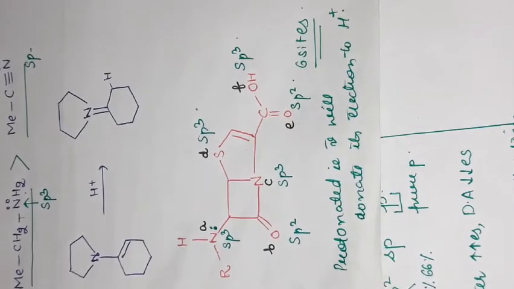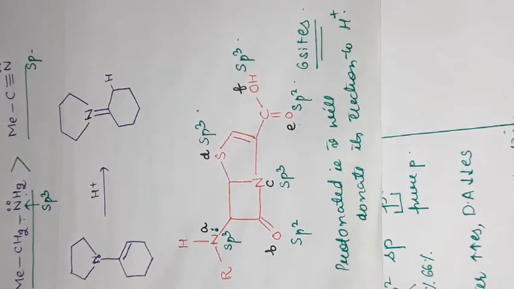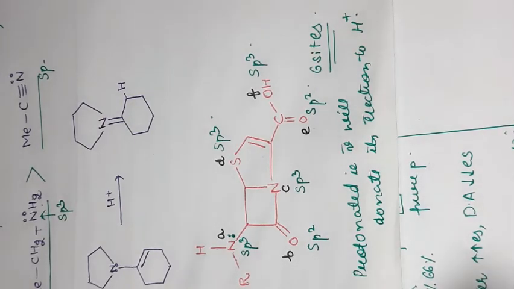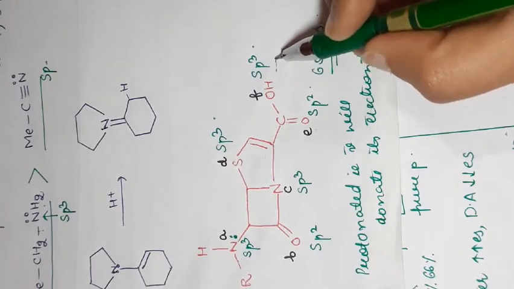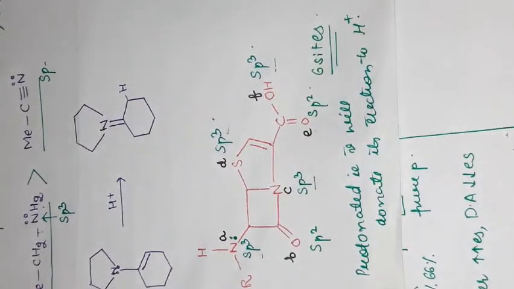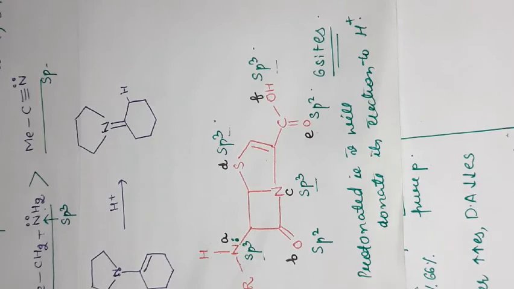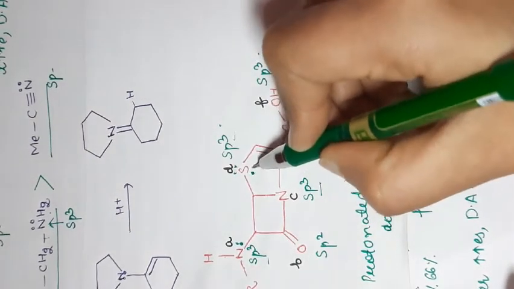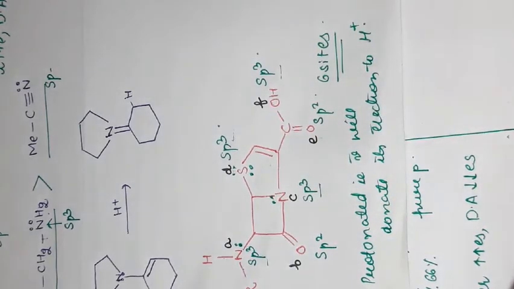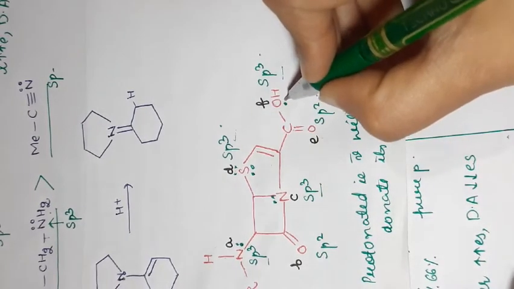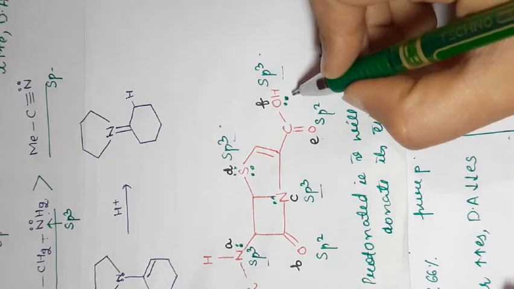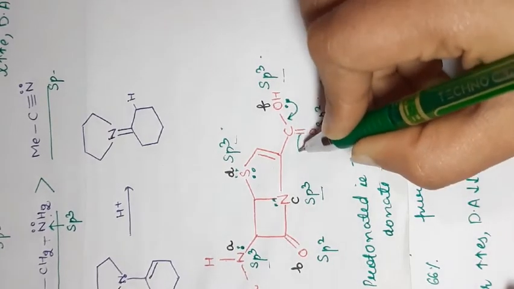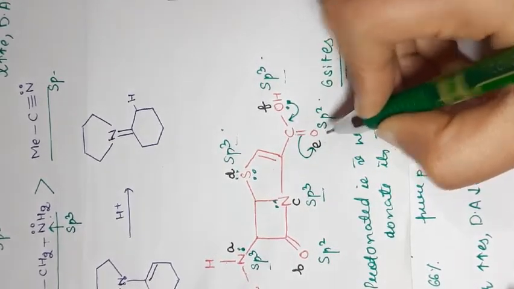Okay, now as per the hybridization concept, we must have concluded that the sp3 hybridized atom should be protonated first, that is either this or this. But before coming to a conclusion, we will consider whether the lone pair of electrons which are present are localized or not. First of all, let us consider this F point. Here the lone pairs are not localized, but these are delocalized with this carbonyl carbon.